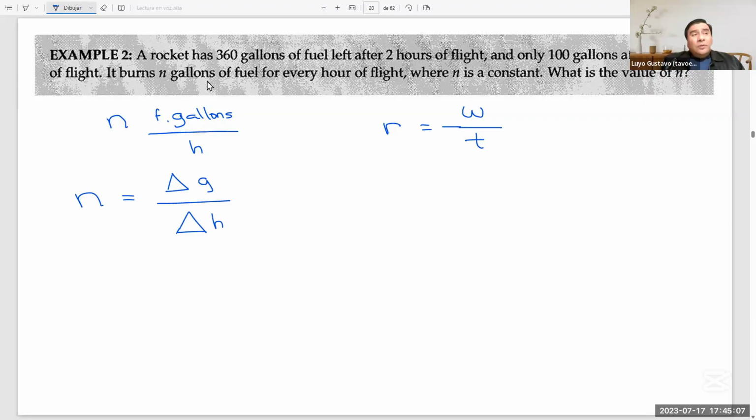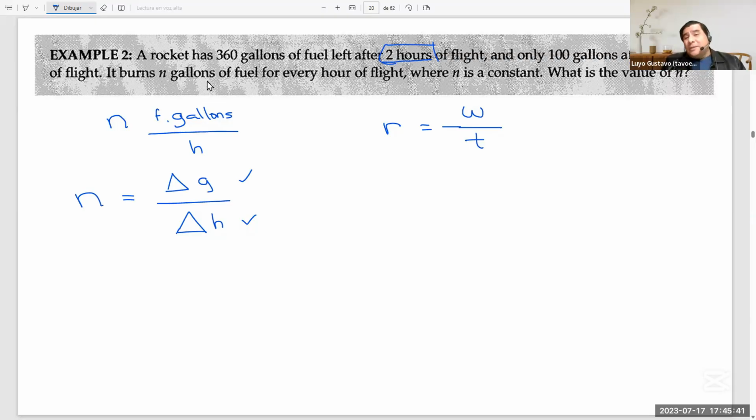We can know this value and this value if we analyze carefully what the question says. If this rocket had been flying 2 hours, okay? And then they say that they check the fuel it had left after 6 hours. So how many times are between this checkpoint and this checkpoint? How many hours?